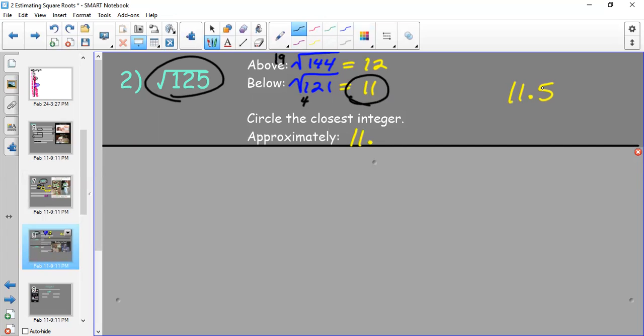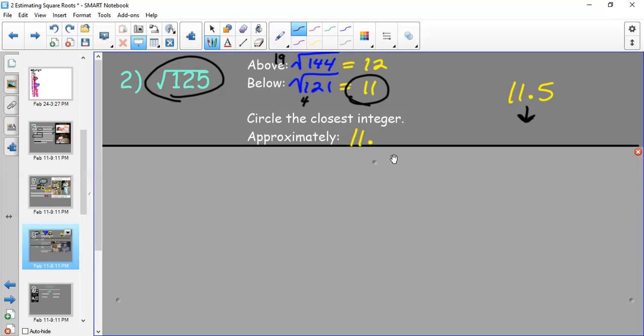So if I'm talking about a decimal place, I'm going to always start at 11.5, that's right in the middle. So 19 and 4, that was not right in the middle. It was much closer to 121. And so we're going to have to say it's smaller because it's closer to 11 than it is to 12. And so we would take a guess.